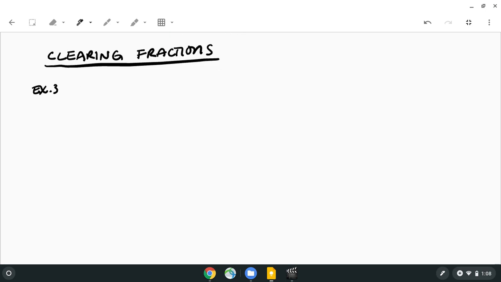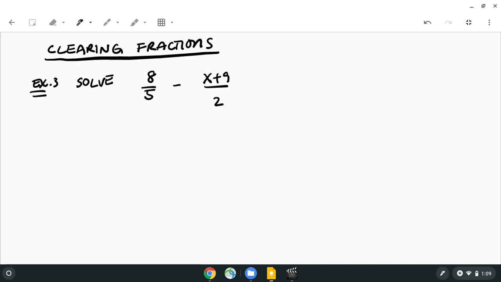All right, so let's take a look at this one where we have a bunch of fractions. Suppose that I have to solve 8 over 5 minus x plus 9 over 2 equals x plus 2 over 5 minus 4x. Oops, I said 2 and I'm going to write something else.